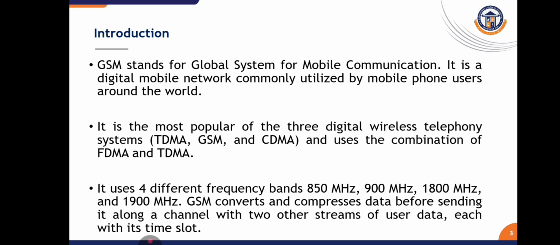Global System for Mobile converts and compresses the data before sending it along a channel with two other streams of user data, each with its own time slots. GSM has different sizes of cells: macro, micro, pico, and umbrella.